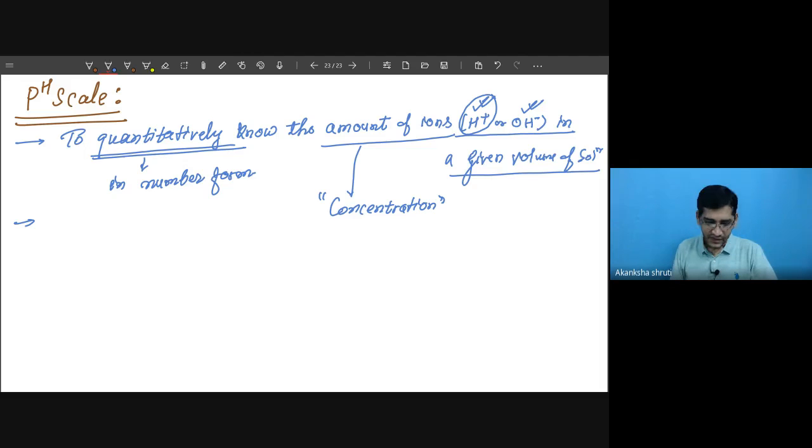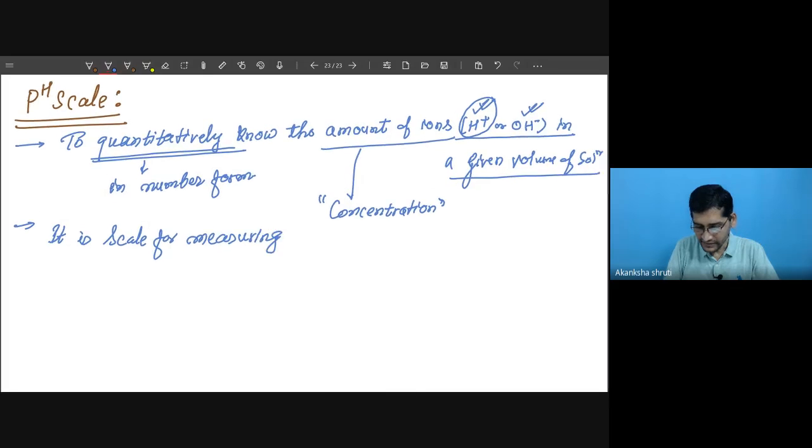So it is a scale for measuring the hydrogen ion, means H plus, concentration.